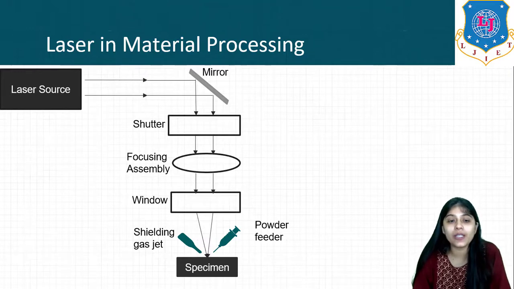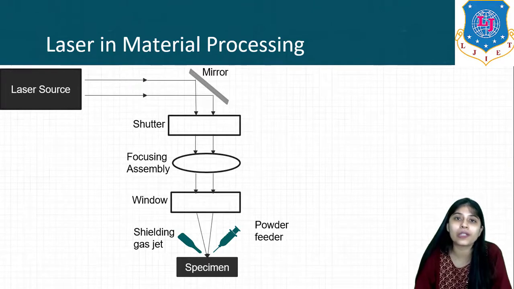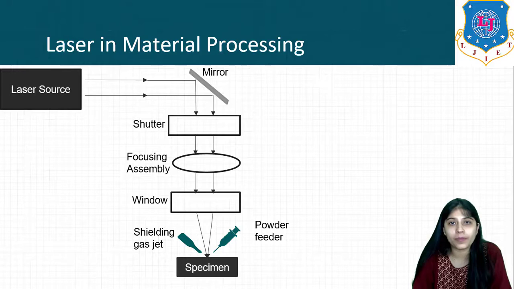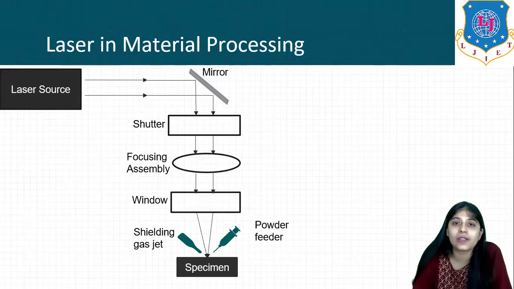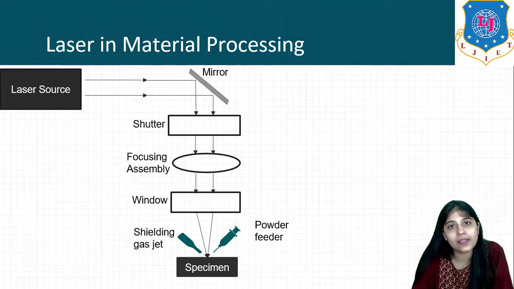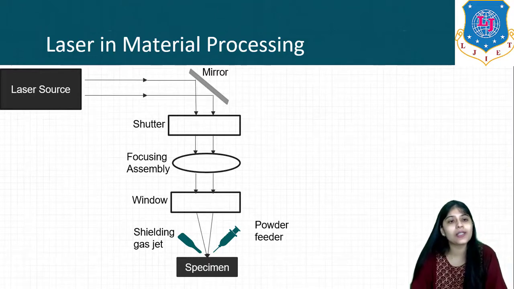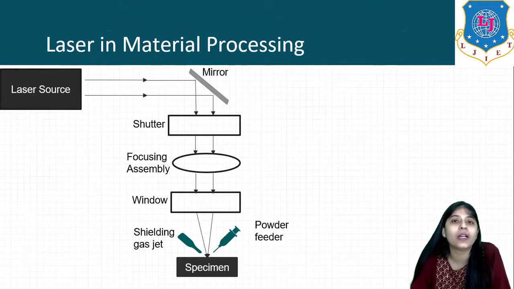So in this way, the shielding gas jet is used, and different gases such as nitrogen, oxygen and argon can be used for these purposes. Right? Then a powder feeder is used if we need to feed some extra alloy for alloying or cladding as a substrate. So this is the construction of laser in material processing, right?